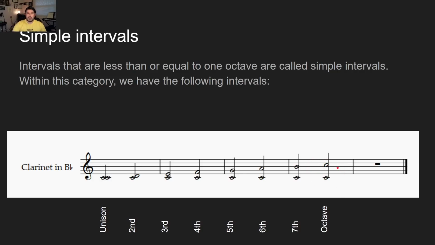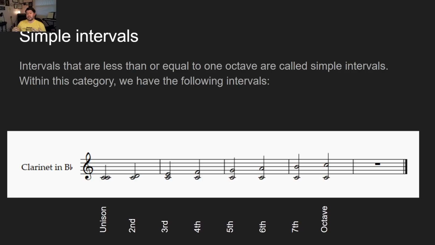Now, could we call this a first and this an eighth? Yes, technically that's what they are. However, in music, we do not refer to a unison as a first. We do not refer to an octave as an eighth most of the time, just because we have other names that allow us to be a little bit more clear about what it is we are seeing.